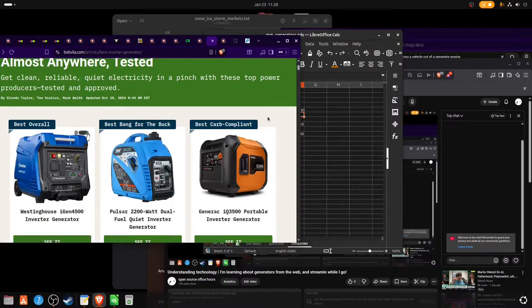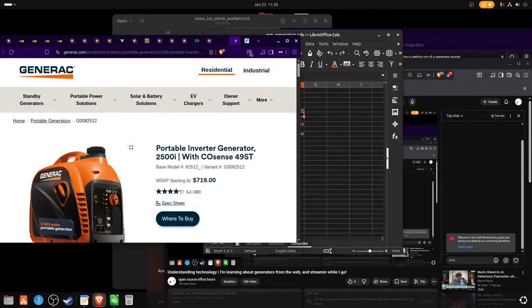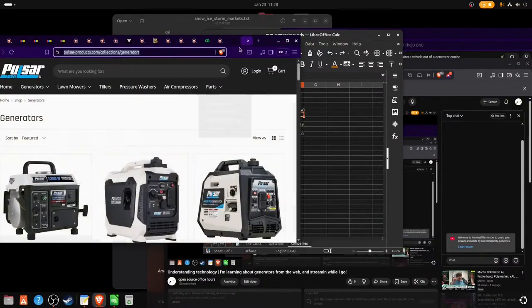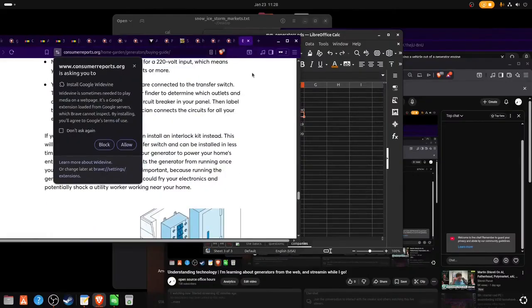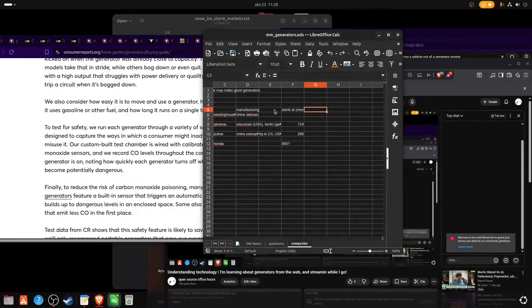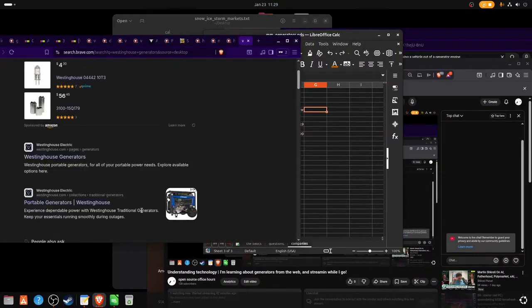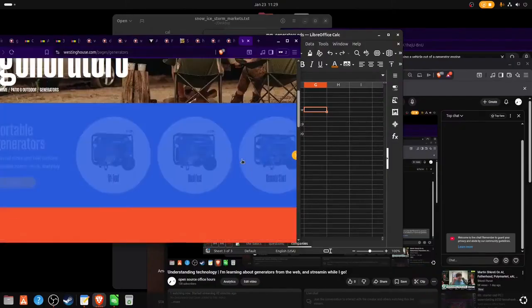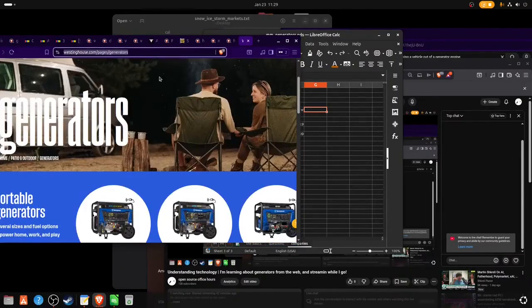Best carb compliant. Westinghouse inverter generator.